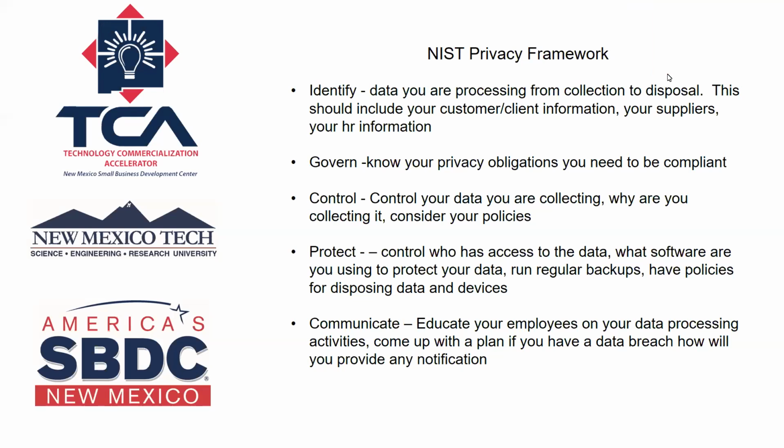Okay, so the first of the 5 areas is called identify. Identify the data that you're processing and map out its flow through your systems throughout the full data life cycle, from collection to disposal.